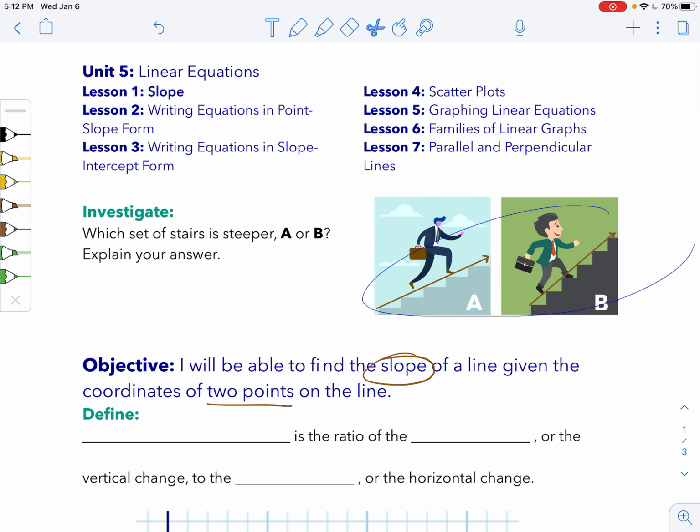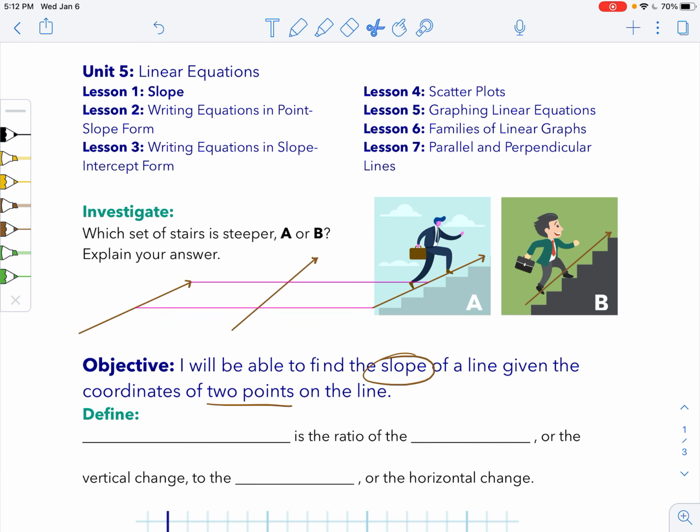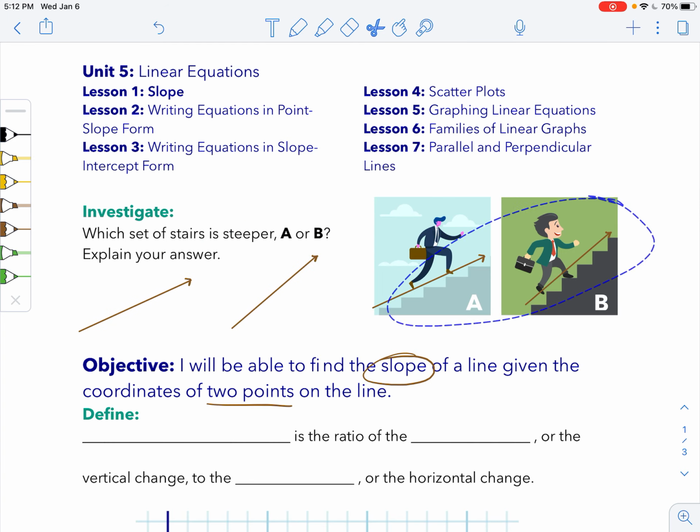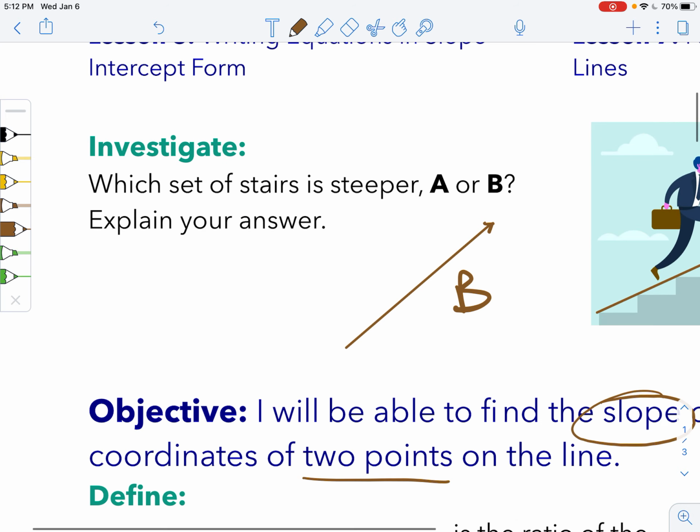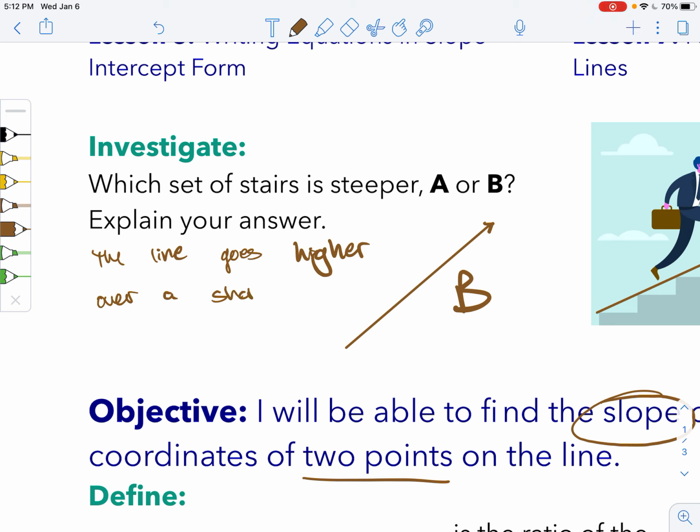Okay, and if I were to compare those two stairs, then I would say, oh, hey, look, it looks like B is steeper. Why is B steeper? Because it rises higher over a shorter distance. So we say that the line goes higher over a shorter distance.